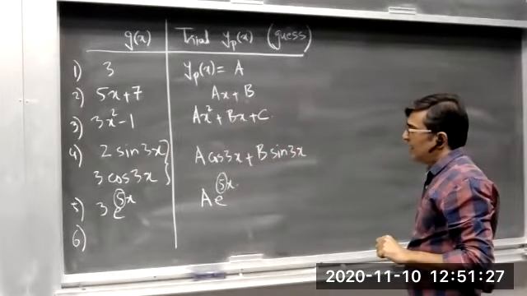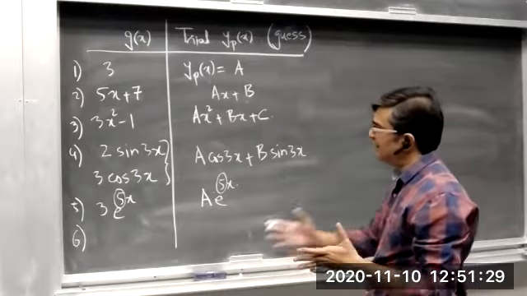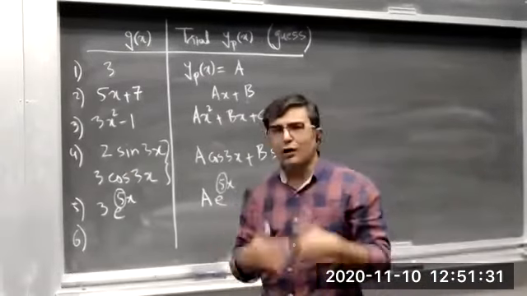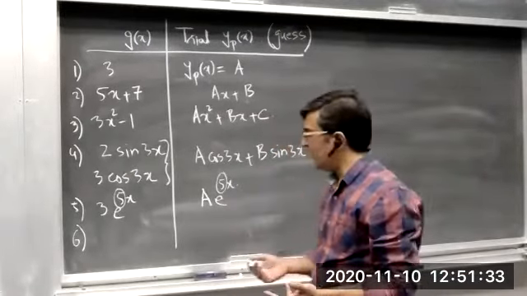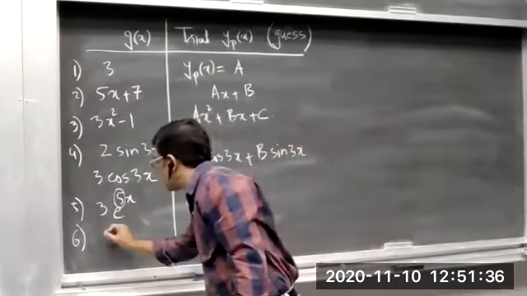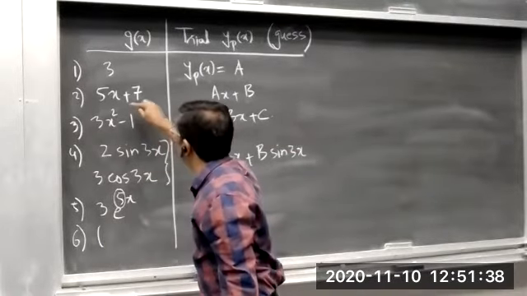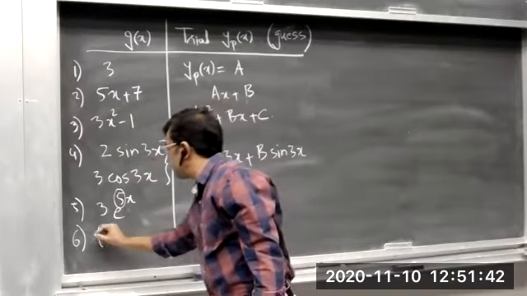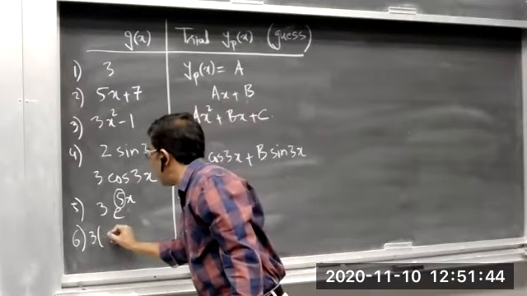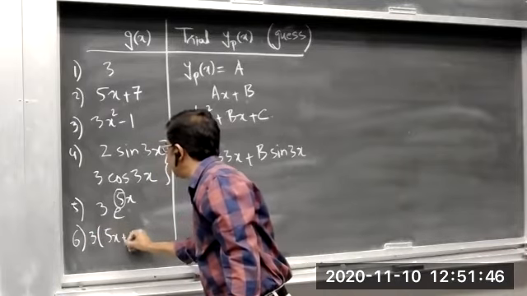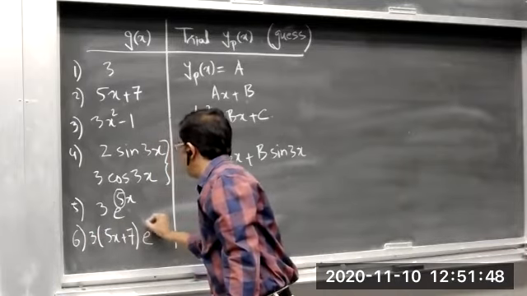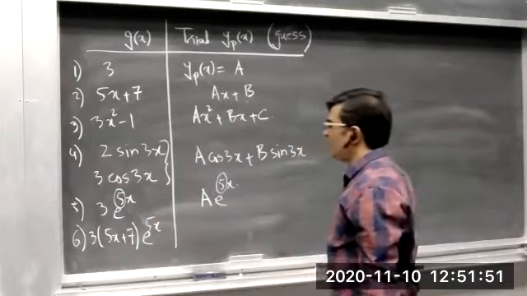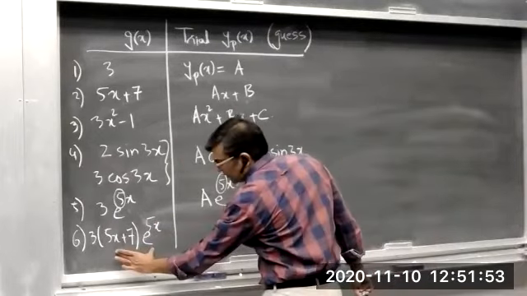Now, if the right-hand side is the sums or product of these functions, for example, the product of this and maybe this. So it is maybe 3 times 5x plus 7 times e raised power 5x. Now we have the product of two functions.